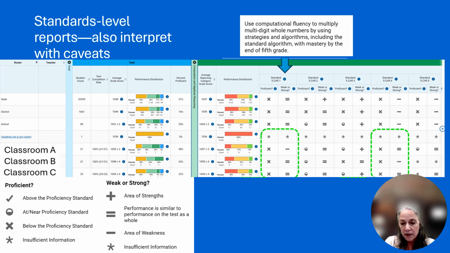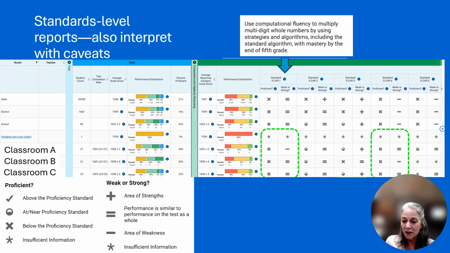So the other part of this, under weak or strong, is if it has a plus sign, it means it's an area of strength. It means that this group of students did really well on this compared to how they did on the other items on the test. If you see an equal sign, like this one in Classroom B and in Classroom C, that means their performance on this standard is similar to their performance on the test as a whole.